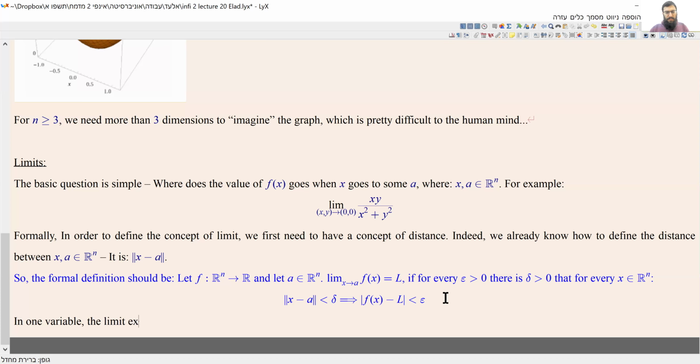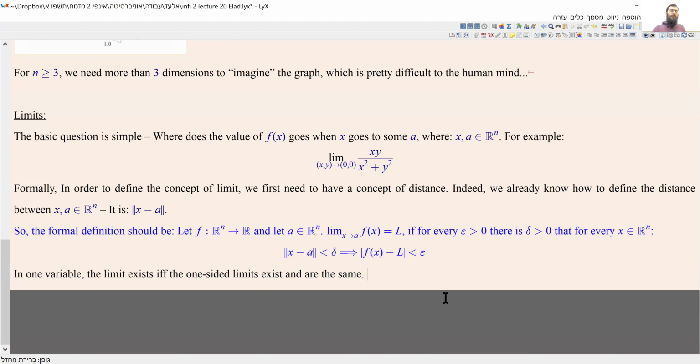The limit exists if and only if the one-sided limits exist and are the same. They're equal.